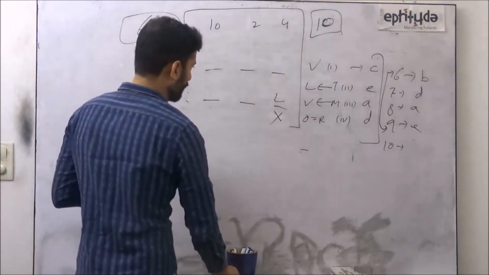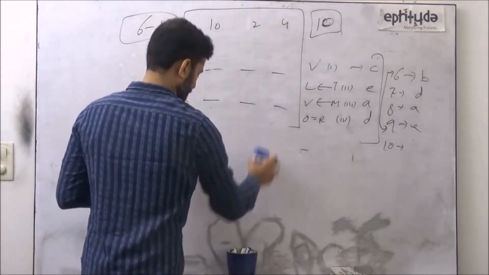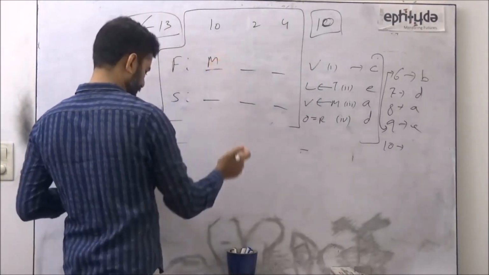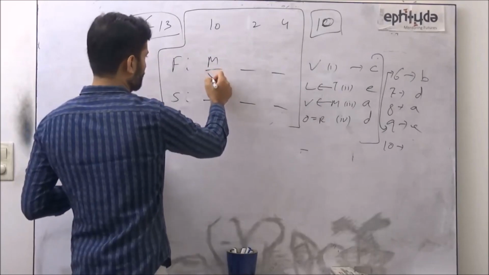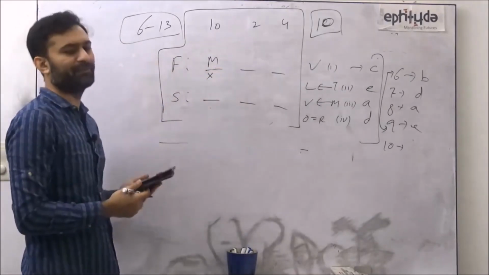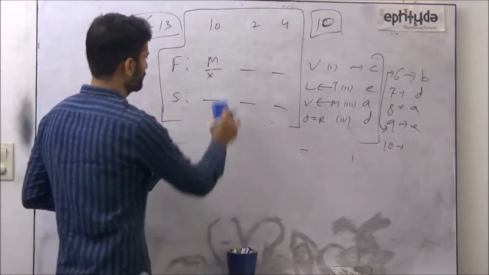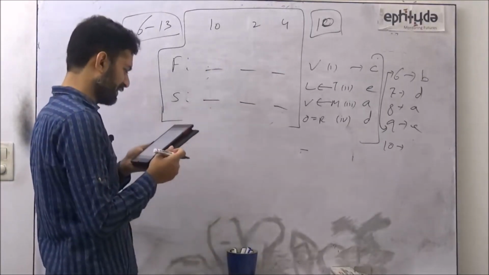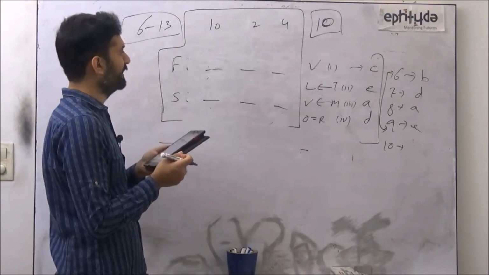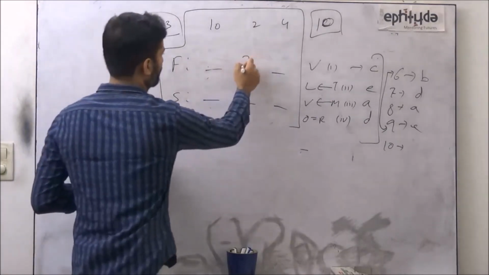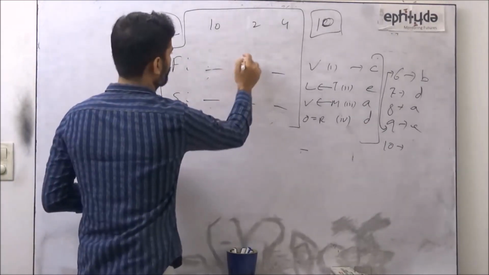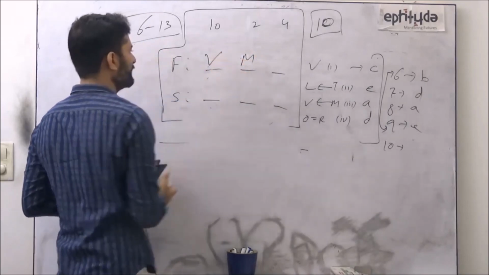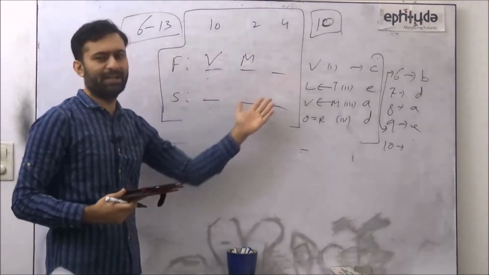M delivered on Friday at 10. Not possible because V has to be before M. So this is also gone. Look at C. M delivered on Friday at 2. This would be V. Now we are left with other flowers.